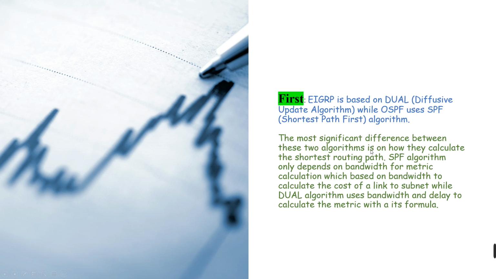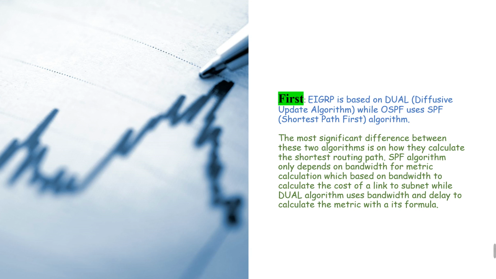The SPF algorithm only depends on bandwidth for metric calculation, and it calculates the cost of the link to a subnet, while the DUAL algorithm uses bandwidth and delay to calculate the metric with its formula.